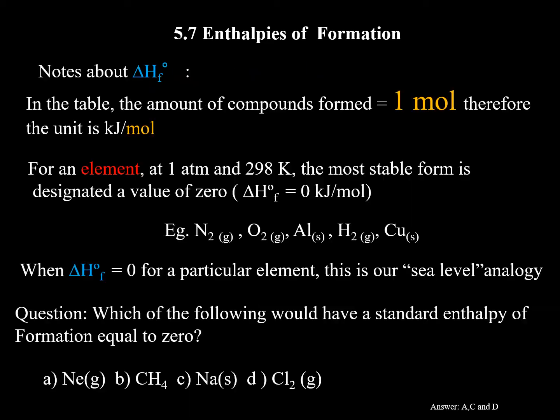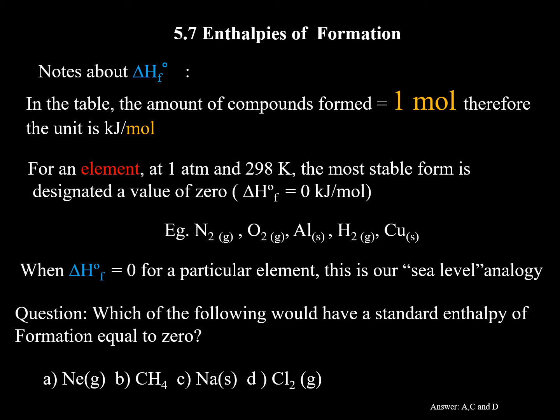So with the enthalpies of formation, there are some elements that at 1 atmosphere and 298 Kelvin have a delta H of formation of 0. Things like O2, Cl2, N2, and also some solids as well.